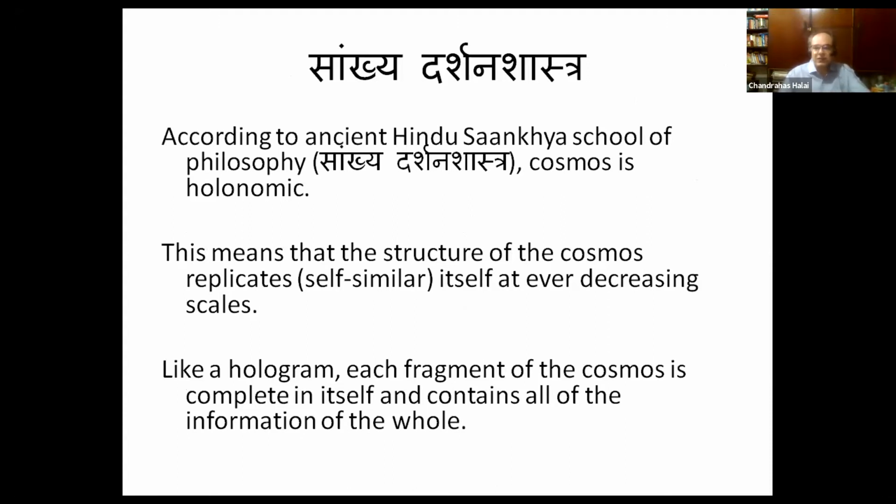This means that the structure of Brahmand replicates itself at ever decreasing scales. Means it is self-similar at ever decreasing scales. Like a hologram, each fragment, Brahmand ka Harek Kan, is complete in itself and contains information of the whole.